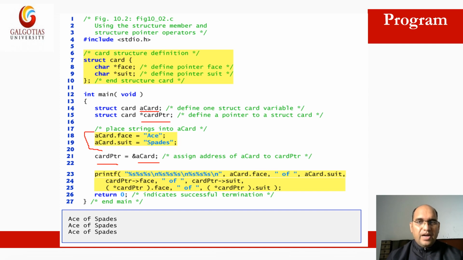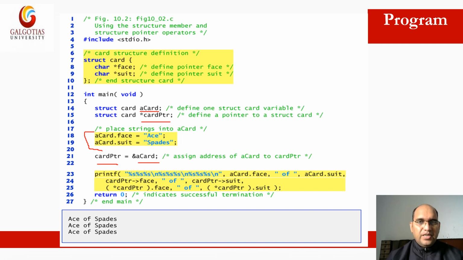So now here I will tell you how we can use the dot operator and how we can use the arrow operator. In which case we use the dot operator and in which case we use the arrow operator. So these are the things which we have used here: percent s, percent s, percent s, and then slash n, and again percent s, percent s, percent s, then slash n again.